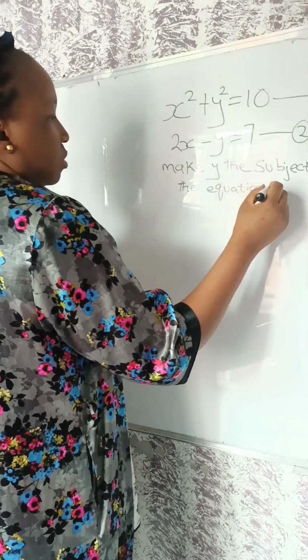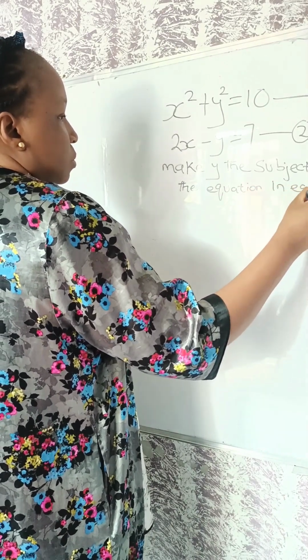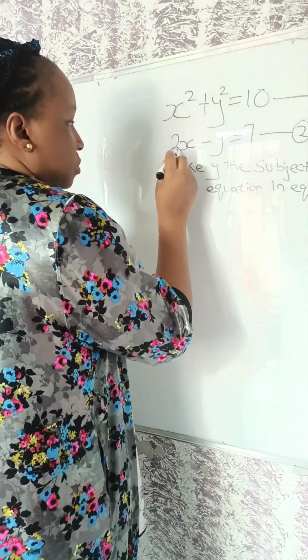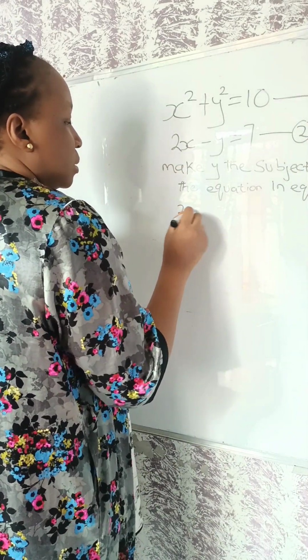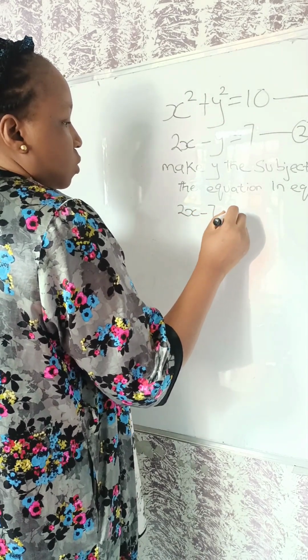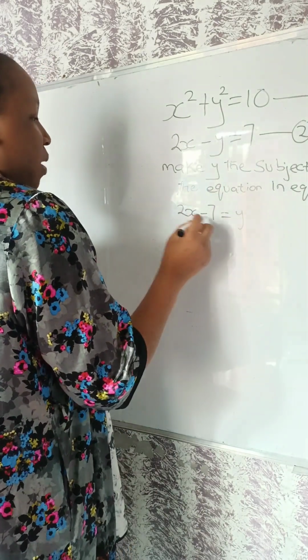So y becomes 2x, this 7 crossing over, minus 7 equal to y. This minus y crossing over becomes just y. So y is now this.